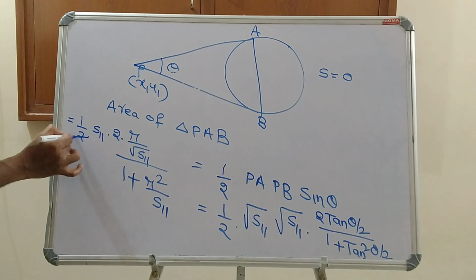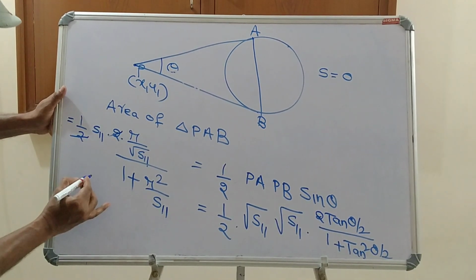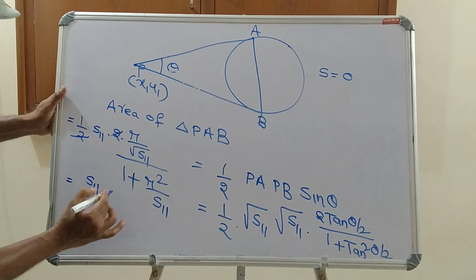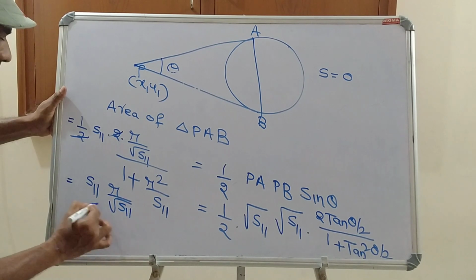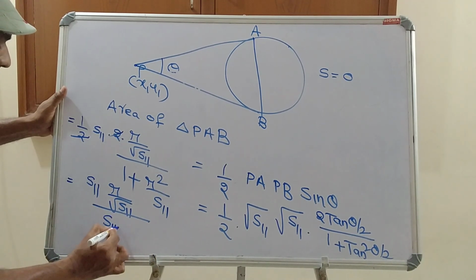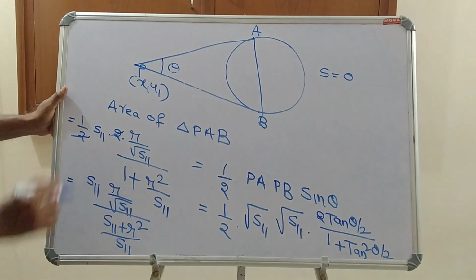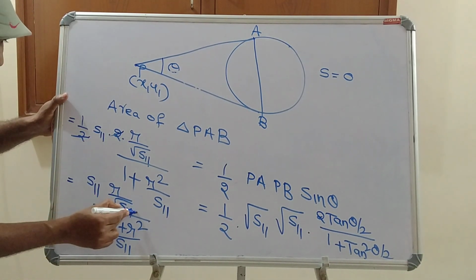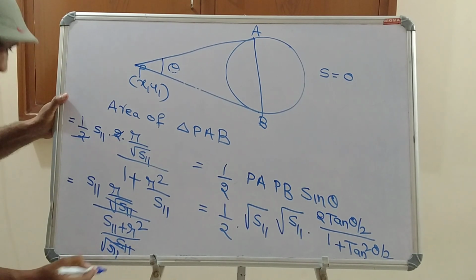Now the 2 gets cancelled. Now simplify. That equals S11 into r by root S11 by S11 plus r square by S11. Now root S11 cancels.